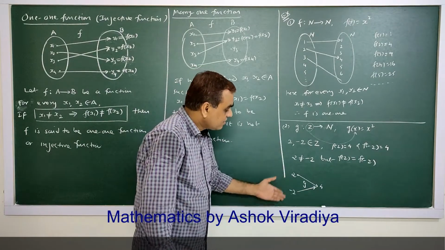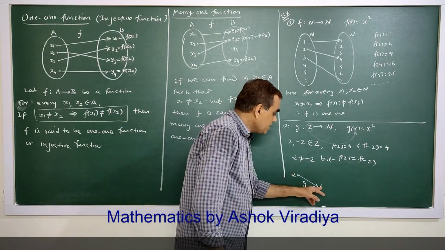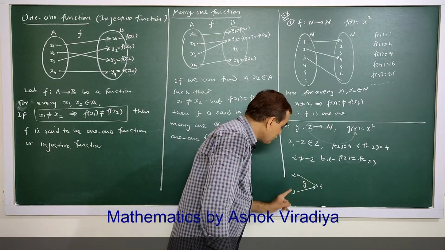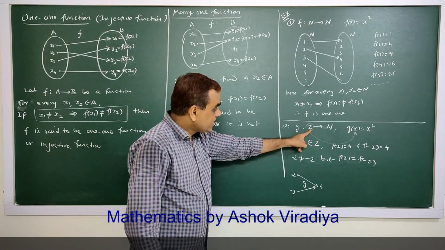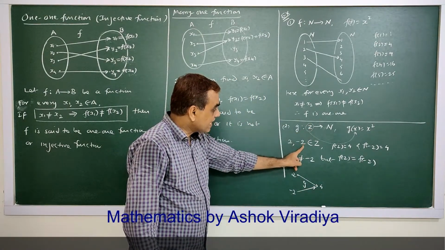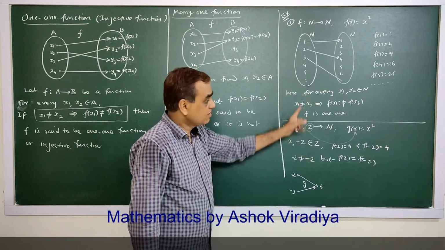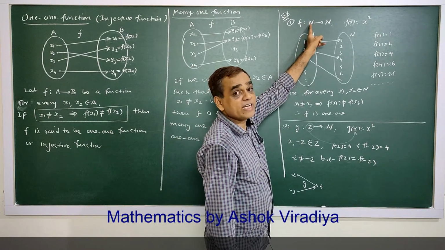Similarly, we can take many examples here. Image of 3 is 9, image of -3 is also 9. Image of 4 is 16, image of -4 is also 16. The domain is Z, which includes negative integers, that is why this is taken. Here it is the set of natural numbers, negatives are not included.